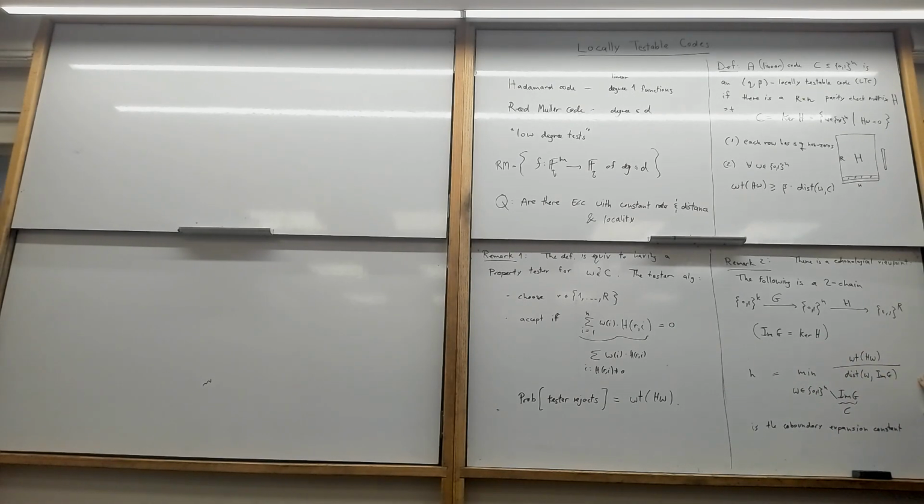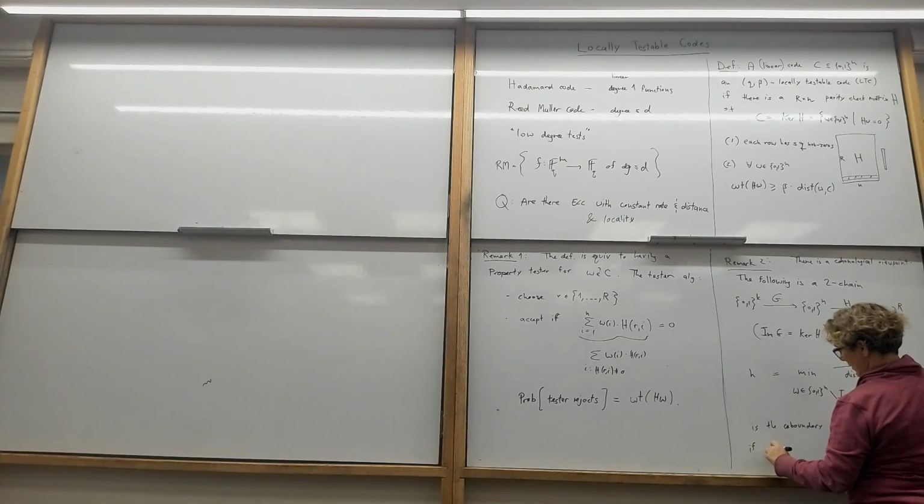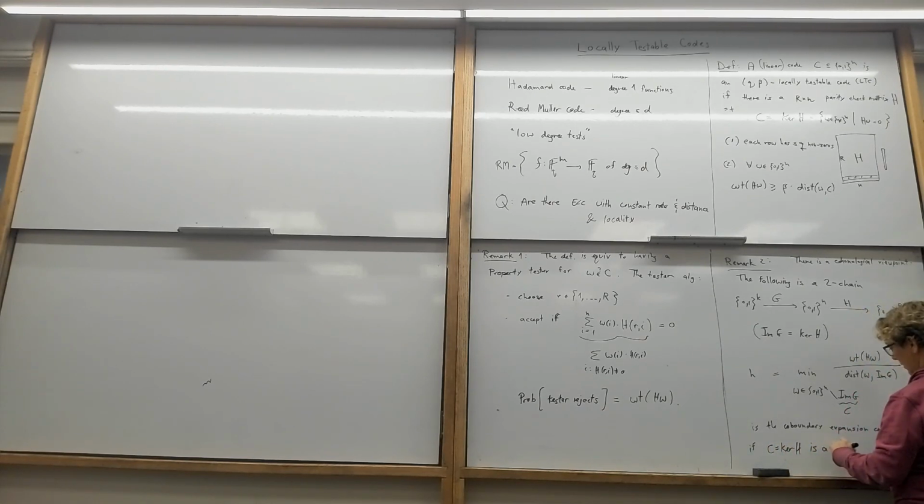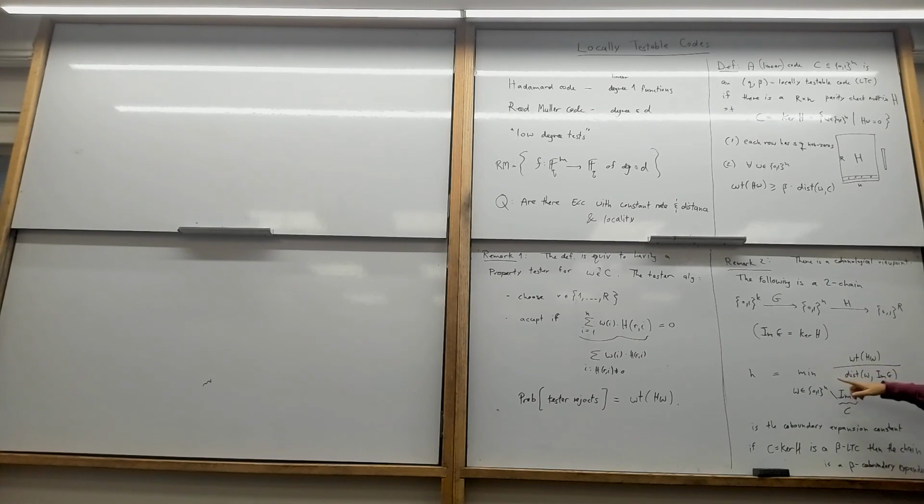So if a code is a beta LTC, if the only difference syntactically between what's written here and that inequality is that here we are minimizing over W's outside of C. But this is because we have something in the denominator, it cannot be 0.